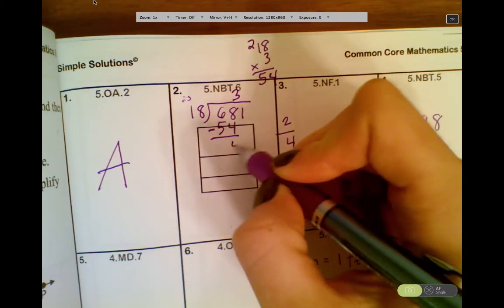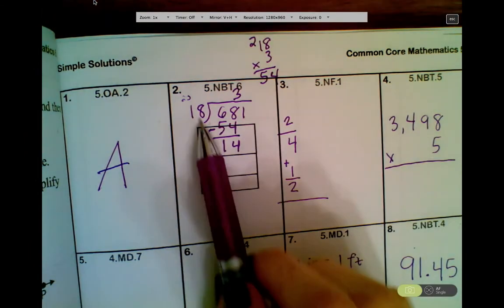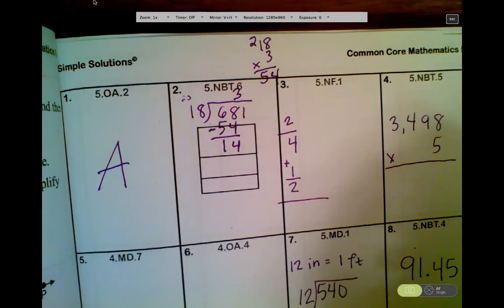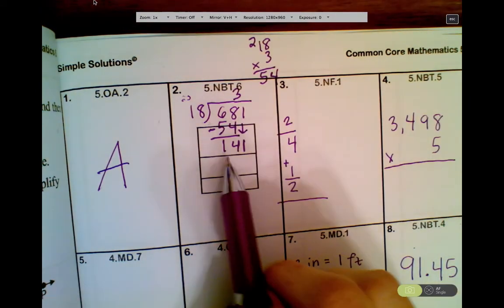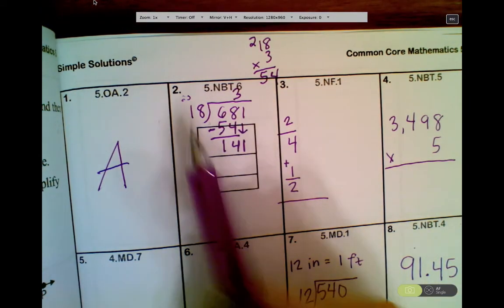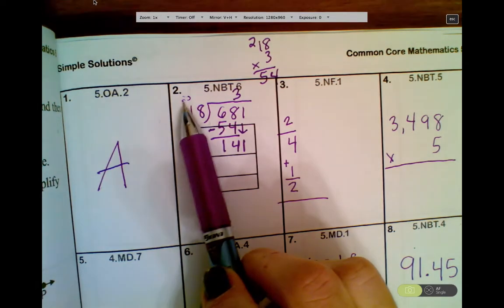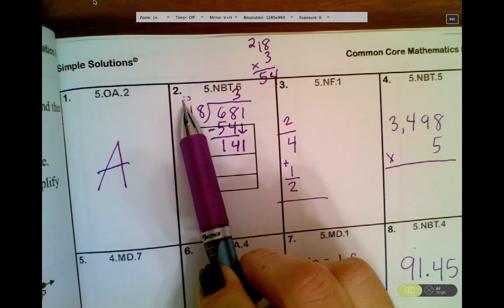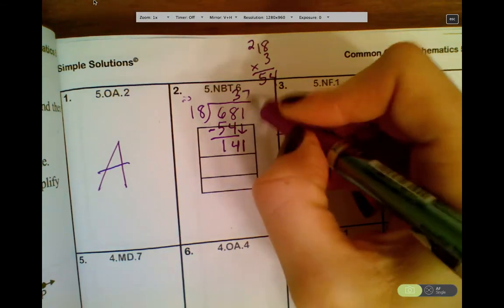When I subtracted, I got 14. Now I'll check. Is 14 less than 18? Yes. Bring down my 1. Now I have 141. Again, I'm going to estimate and say that's close to 20. So how many times can 2 go into 14, which is 7?